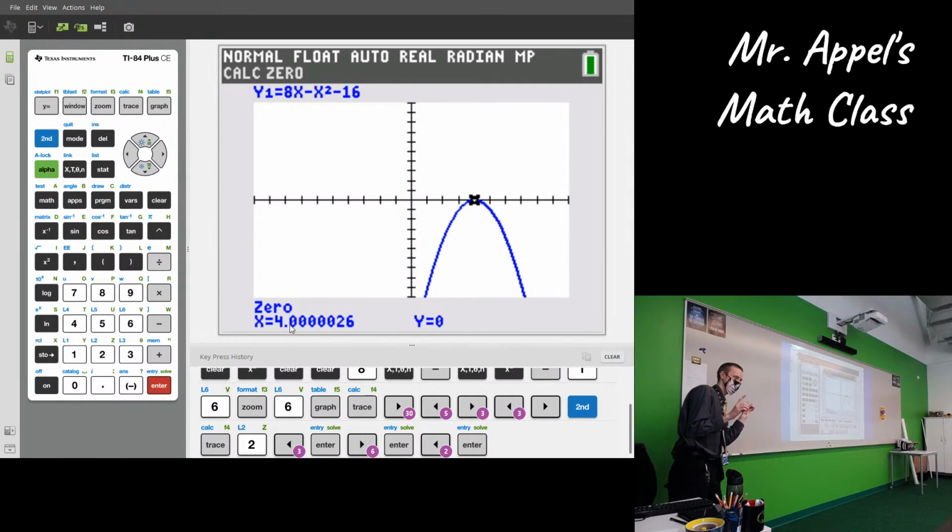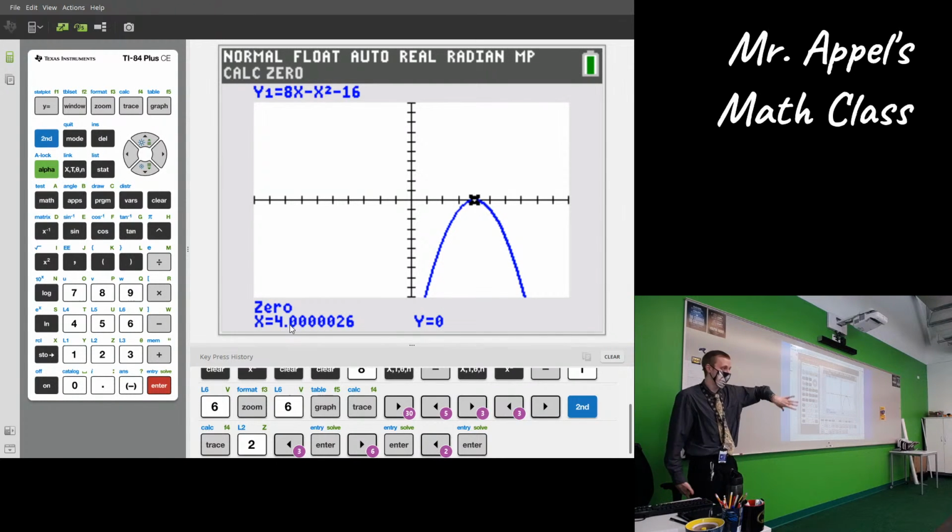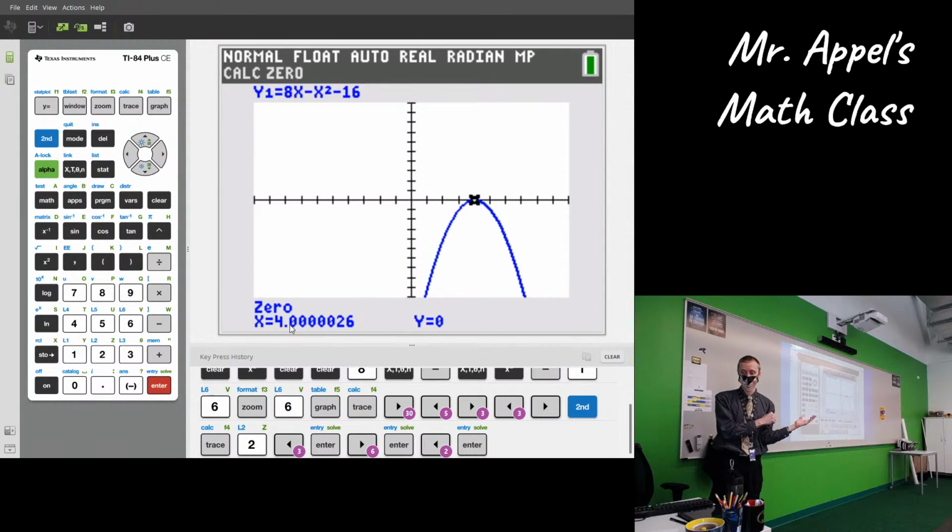This is why it's better. This is certainly better than you, well, maybe in this case because of the vertex. By hand, you'd get it right. But I want you to see the limits of the calculator. It is finding the solution by graphing. It is not computing based on the equation.